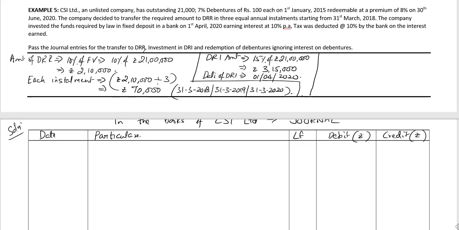We'll begin with the transfer to DRR, the first installment due on 31/3/2018.